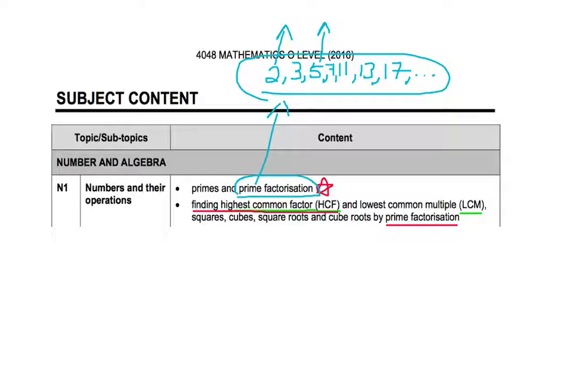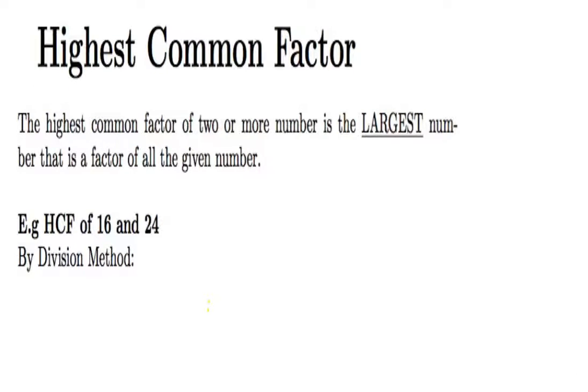So today we're going to talk about finding highest common factor using the method prime factorization. Okay, so I understand in secondary one you probably learned how to do it, so you probably have a bit of an idea what is highest common factor, but we'll do a little bit of recap here.